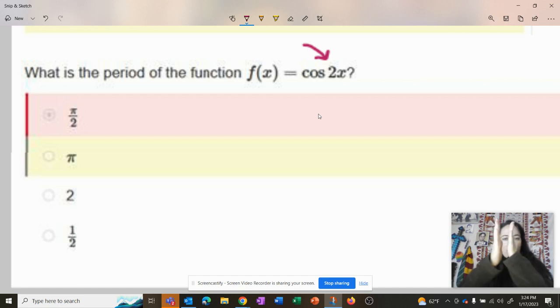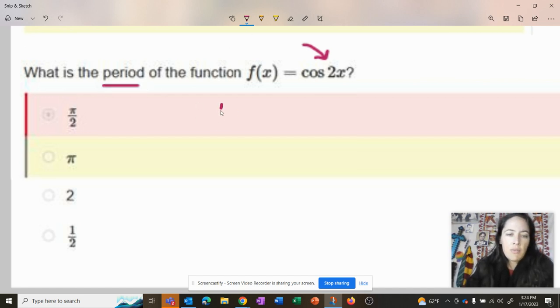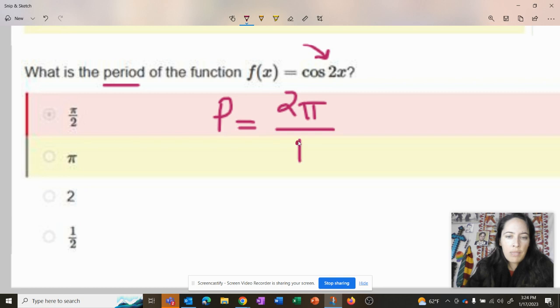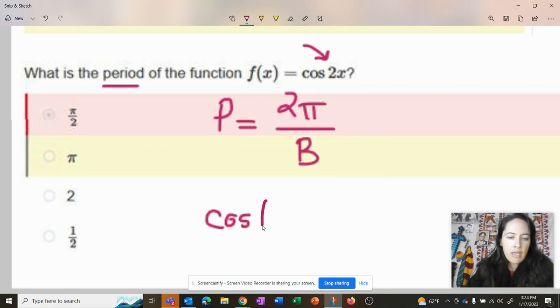Well, we're going to talk in terms of the period. The period is equal to 2 pi over b, where b is found in the form cosine of b times x or sine of b times x.